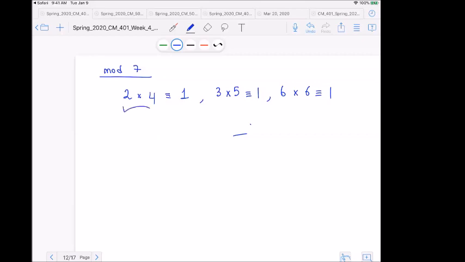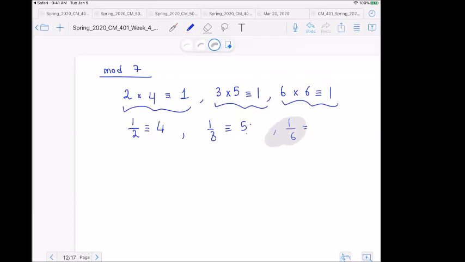I'm sure you guys have seen this before, but it is all right to say, and this part is taken from Dr. Conway's book, that 1 over 2 is equivalent to 4, 1 over 3 is equivalent to 5, and 1 over 5 is equivalent to 3, and 1 over 6 is equivalent to 6 in mod 7. Okay.